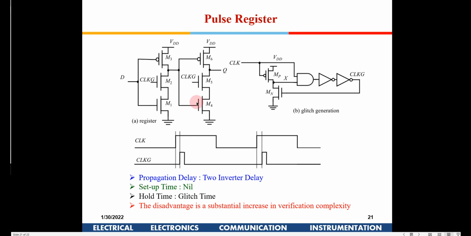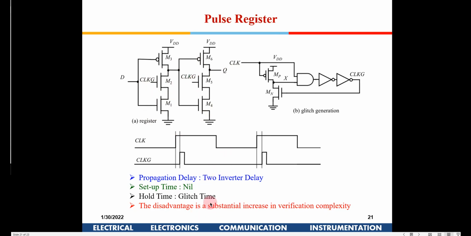Then we saw the TSPC registers in which only clock was required, but the number of transistors required was higher. And now we are talking about a register in which the number of transistors is also less, and a single phase clock is also used.